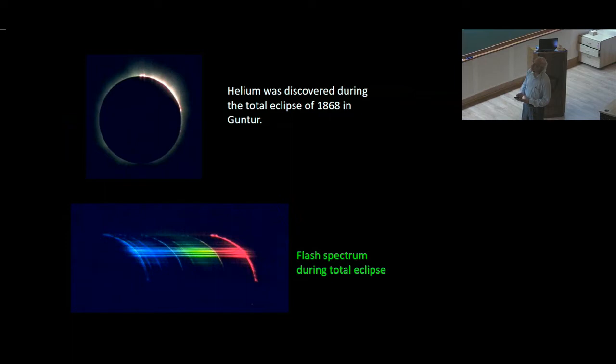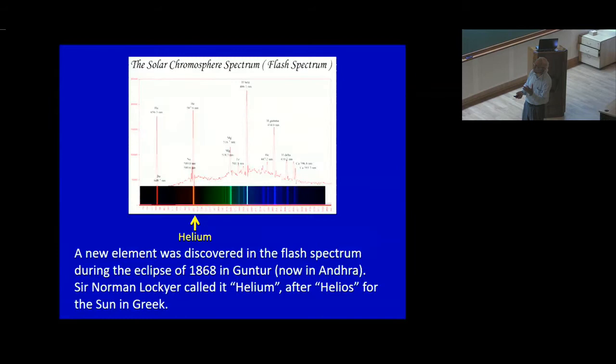Now, the French astronomer by name Janssen discovered that in this emission spectrum during totality, all the usual lines that one sees in the laboratory were detected. But in addition, there was a very strong line in yellow, very close to the D1, D2 lines of sodium.